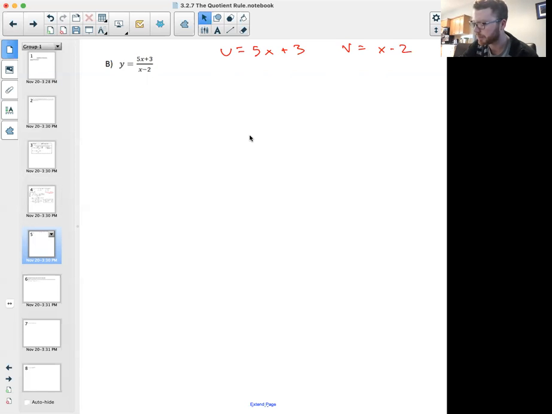So u prime is equal to just 5, and v prime is equal to just x. As per the quotient rule, the derivative of y with respect to x is equal to v times u prime minus u times v prime over v squared.